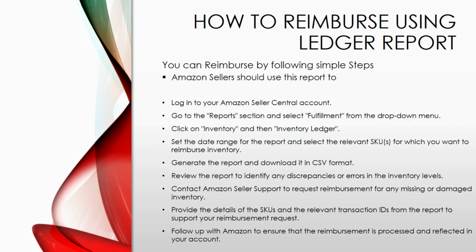Now we select the inventory ledger report. Then we select the date range for the relevant SKU and generate the report. We can have formats like CSV or text; it is your choice which format you want. Then we review the report to identify discrepancies or errors in the inventory levels.